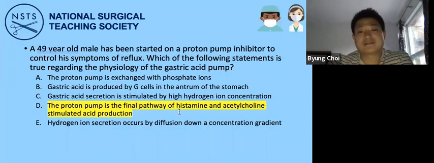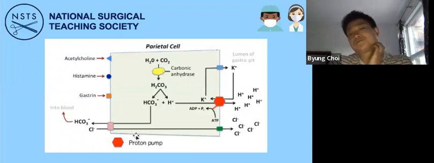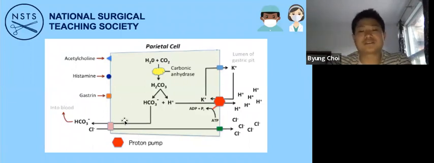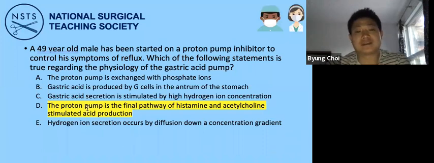So histamine and acetylcholine will both stimulate acid production. I'll cover this a little bit later on again in a different example, but knowing the stimulating factors for acid production in the stomach is important for this exam. And then obviously you can also look at inhibitory factors as well. But in terms of the local chemical factors, acetylcholine, histamine, and gastrin. So for that reason, we know D is correct.